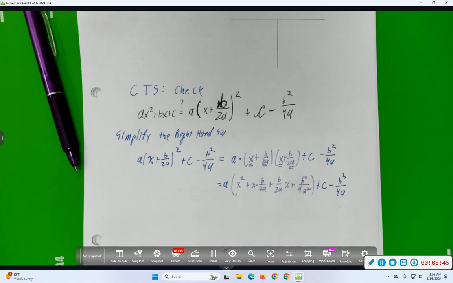All right, I just want to simplify. So what do you see that simplifies there?